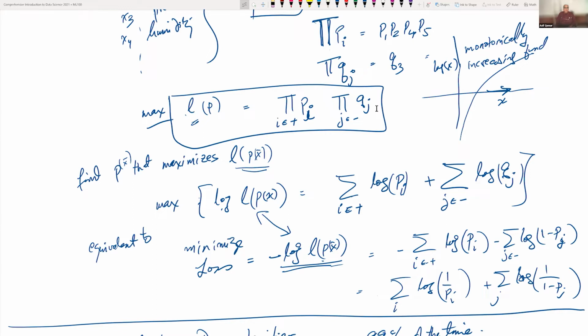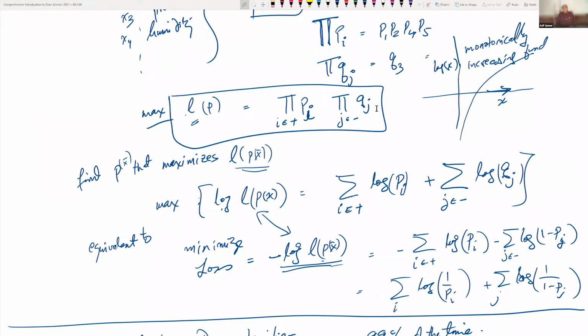Fortunately, if you have a product of numbers, you can take their log, because log is a monotonically increasing function. Finding the max of a function is pretty similar to finding the max of the log of the function. So you can maximize the log.